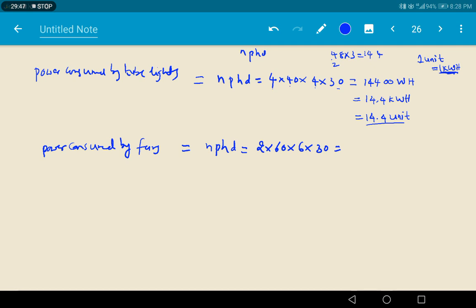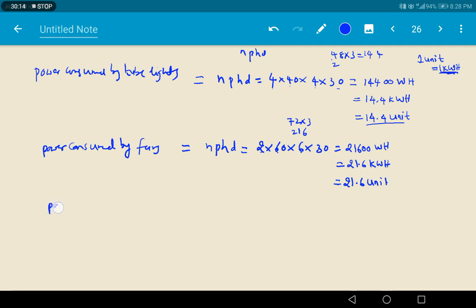Again multiply this. 12, 72, 72 into 3, 216. So 21600 watt hours. Expressing in kilowatt hour, 21.6 kilowatt hour. That means 21.6 units.